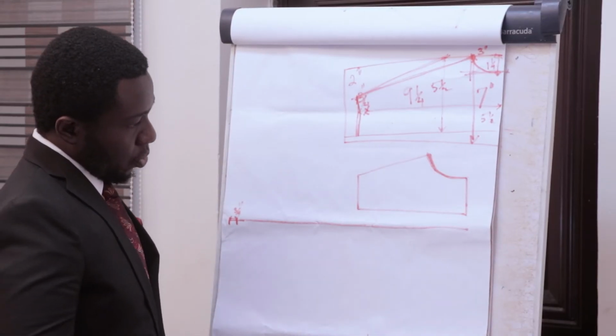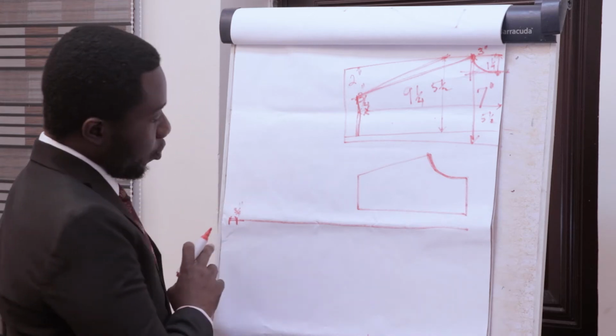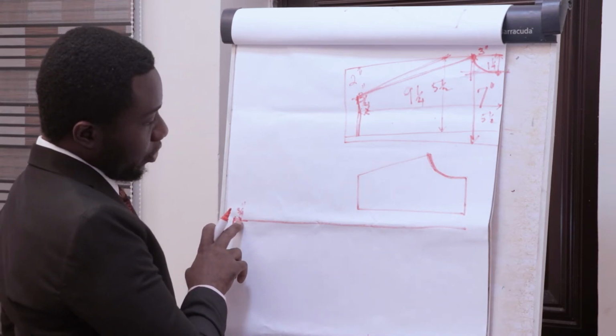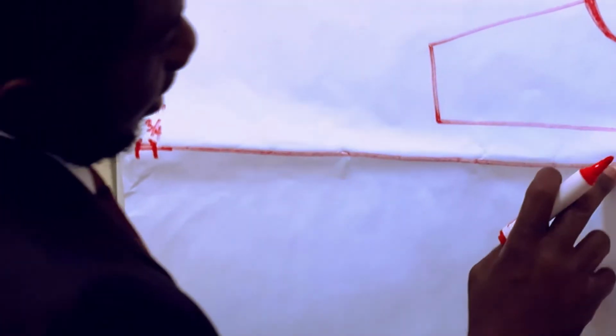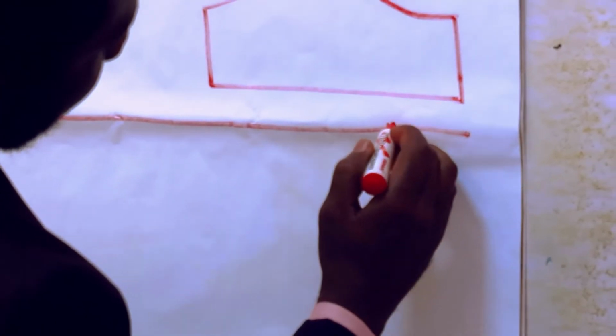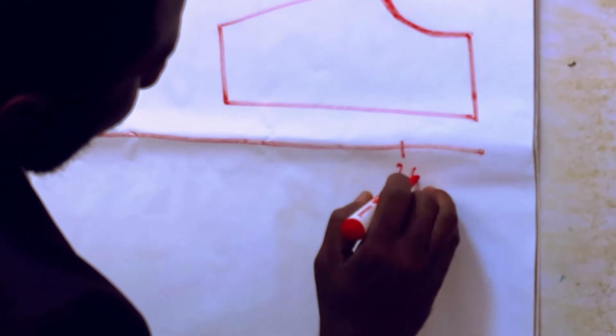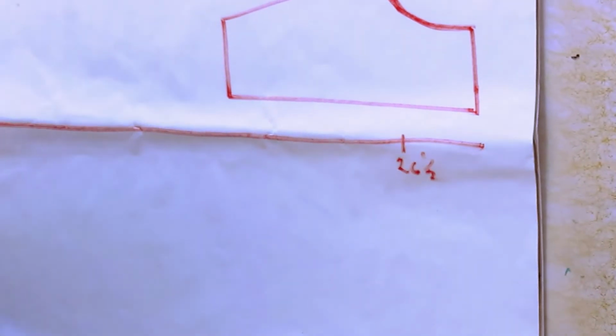From this point, after the sewing allowance, you now measure whatever you want. Say if you are saying 26.5, measure 26.5, right? But be aware that there's going to be a cuff.